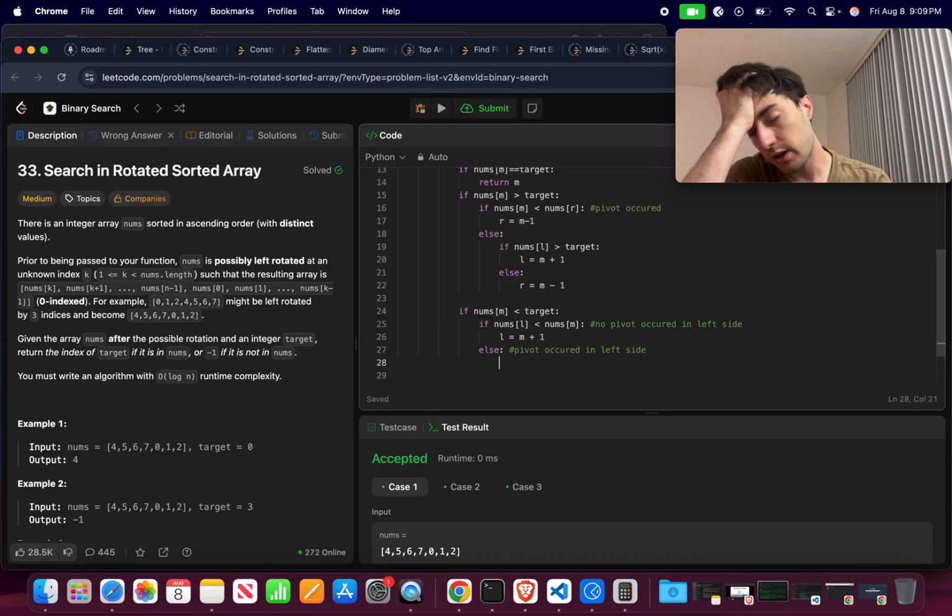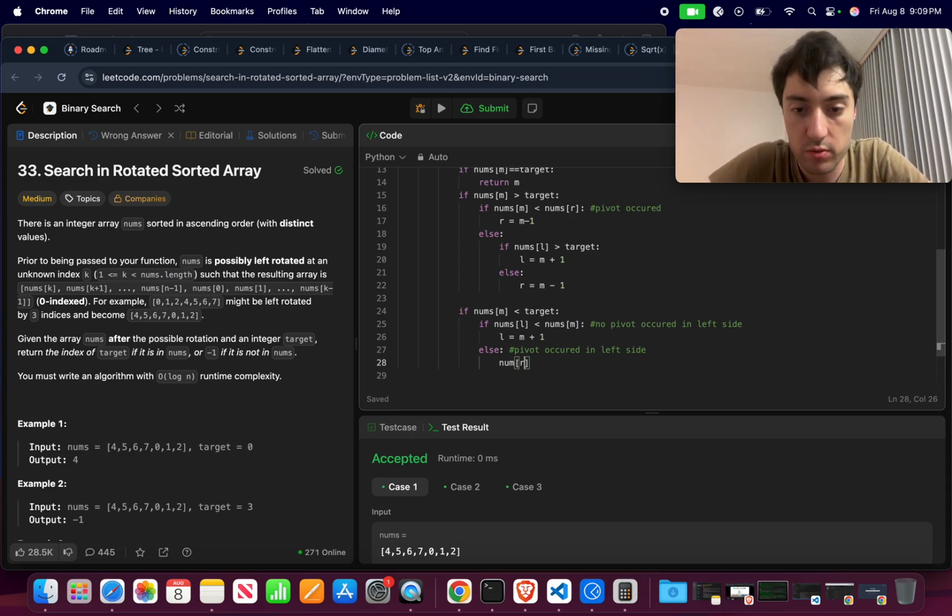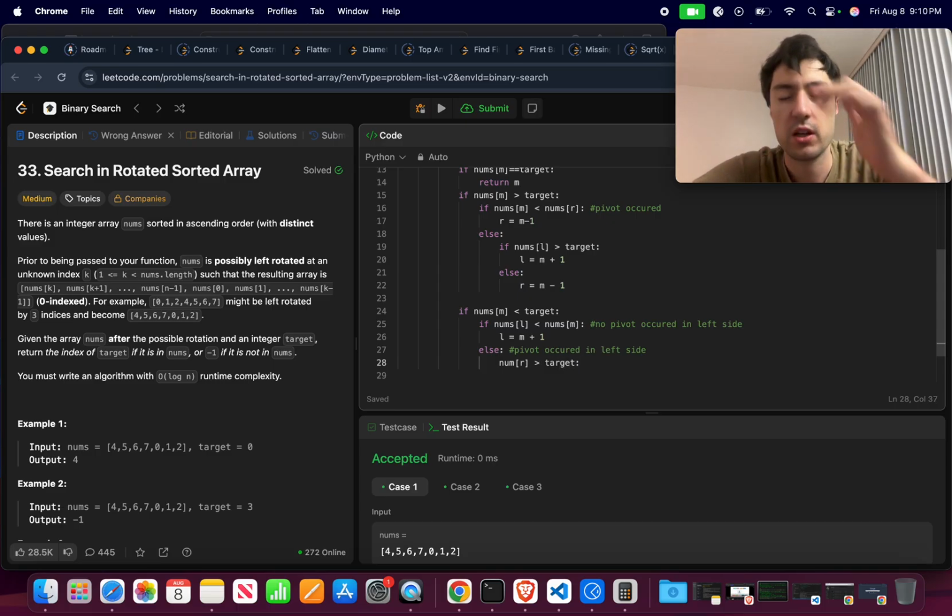So my right side, so the left side has the pivot, okay? And my mid is too small. Where's the biggest number going to occur? That's going to be on the right-hand side. So if nums of right is bigger than target, okay, is that correct?